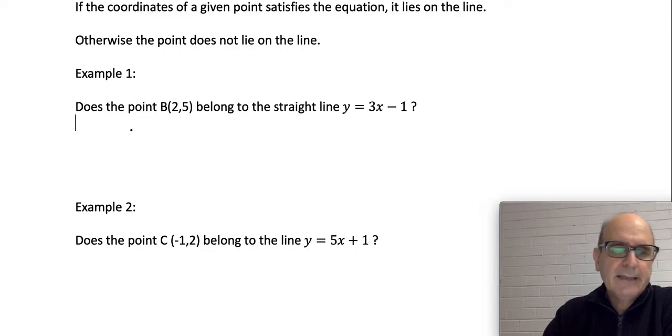It means that we got to substitute the value of x of the point in the equation and work out what value for y we will get from the equation. If it is the same value of the y which the point has, then yes, the point belongs to the line. Let's do that for this example.